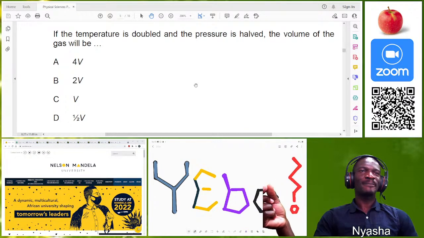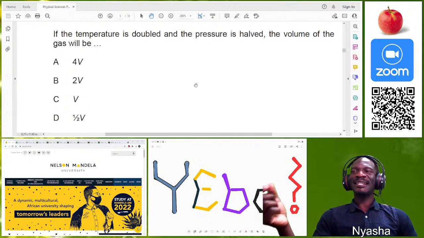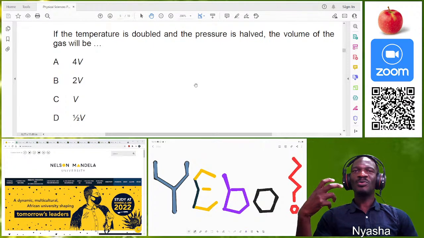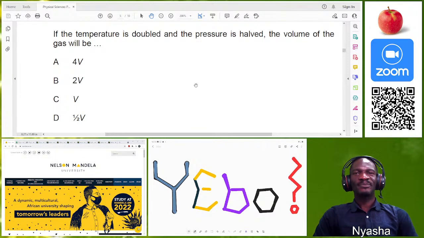concepts in physics that assist you to understand what you need to do when you are dealing with a question such as this. One of the basics in your physics, for instance, is just the definition of these parameters. So you know what a temperature is, you know what a pressure is, you know what a volume is.